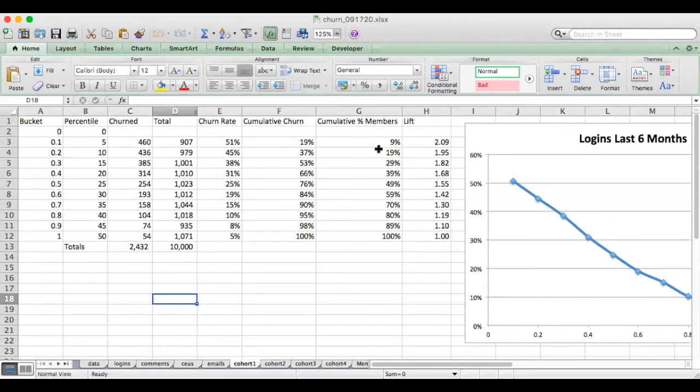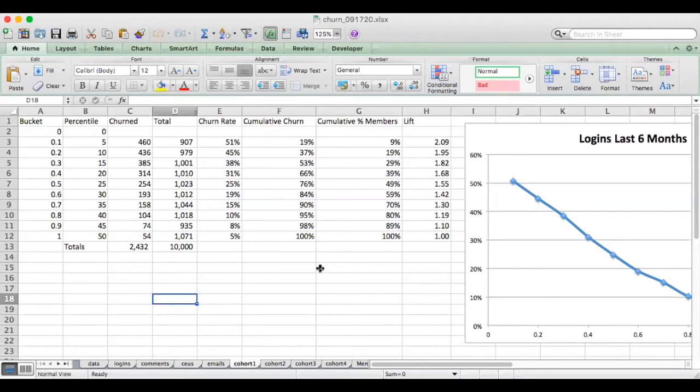It gets less and less effective as you go all the way down. So you want to find a cutoff where you're getting more bang for your buck. 50% to capture 75% is probably around there. But if you targeted only 900 people out of your full 10,000, you'd still capture 20% of your total churn.